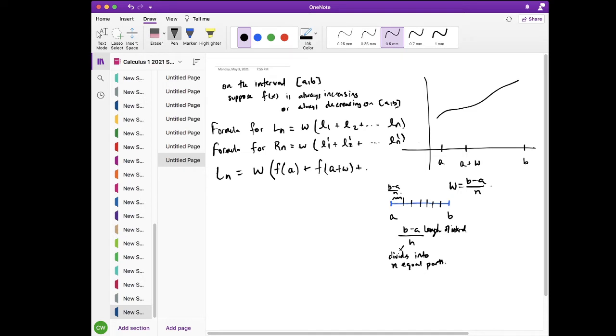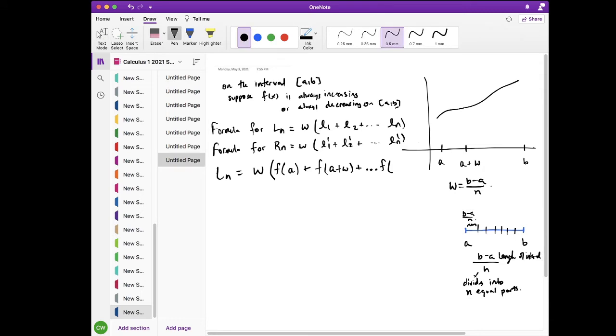And then where do you stop? What's the last rectangle? How big is the last rectangle? So we can just call this one B minus W. So what would the last rectangle be?